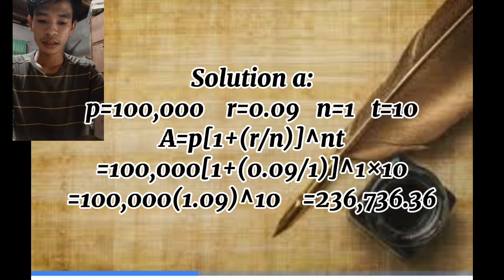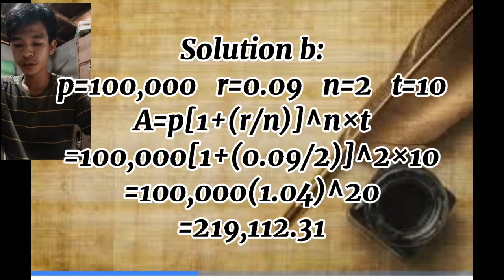Then 1 times 10, so we have 10. So, 1.09 raised to 10 times 100,000. So, we have 236,736.36.